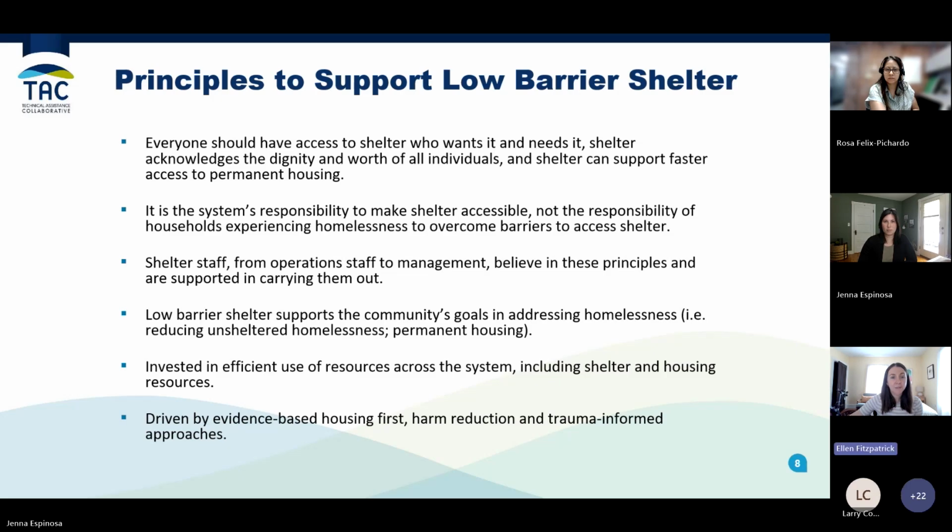Go ahead, Melody. Our group talked about the implementation of these ideals at our respective places, and we talked about how the language of trauma-informed care and housing first and harm reduction is definitely being talked about, which is great, and it's definitely included in the planning and training. But we also talked about the room to grow when it comes to implementation.